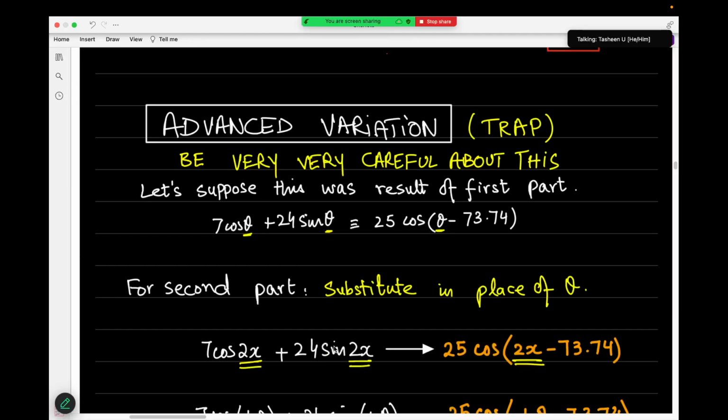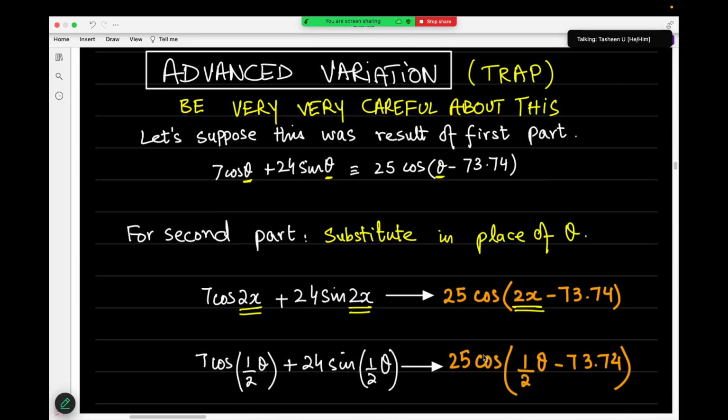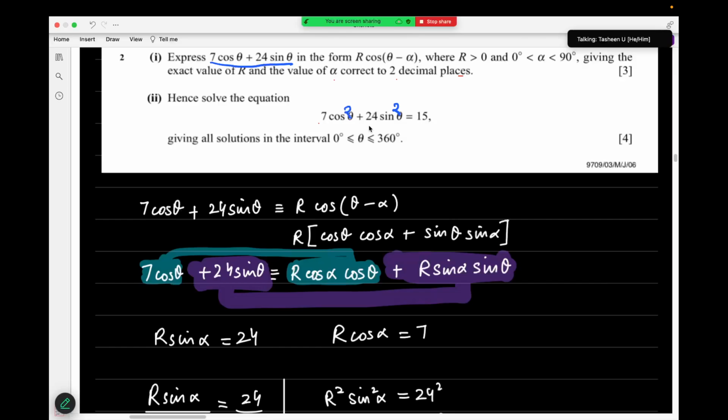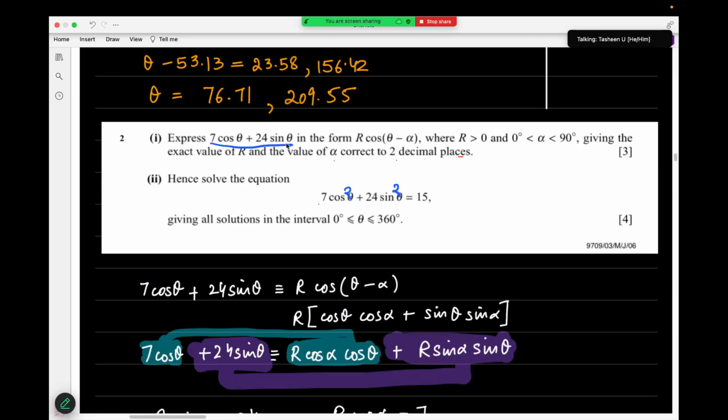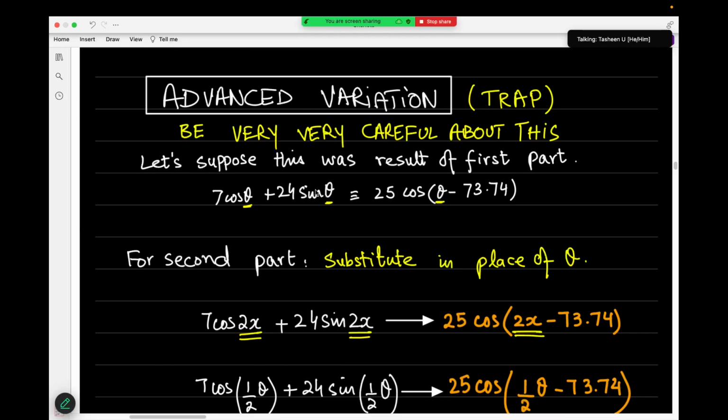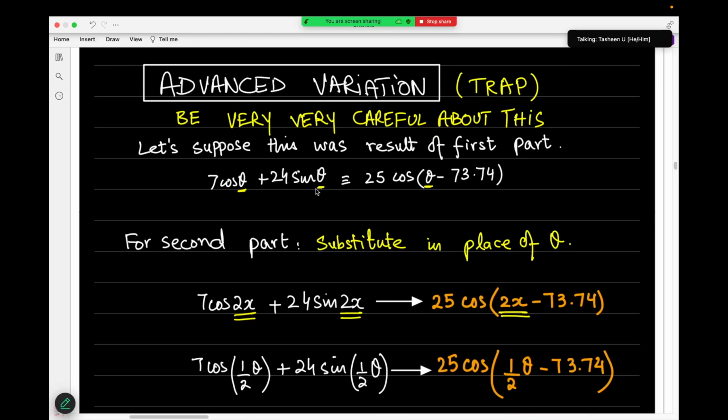So in that case, you have to replace this with 2x. You understand? If it was half x, then you just have to replace it with half theta. Here is the same thing. In the question, what they have asked us to change in the form and what they have told us to solve is the same thing. But if theta is something else, 2 theta or half theta, then you will have to remember this very advanced variation.